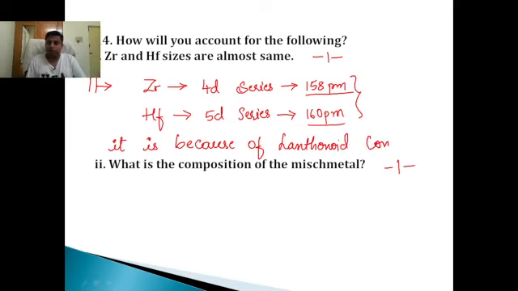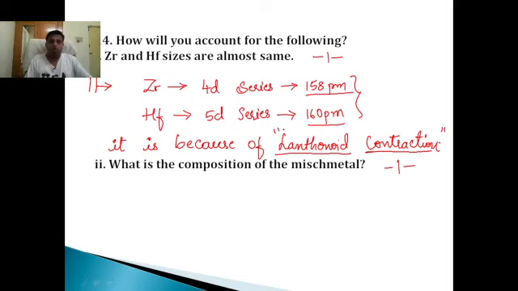The main reason why 4D series and 5D series have almost same atomic size is lanthanoid contraction. Very simple, one word answer.